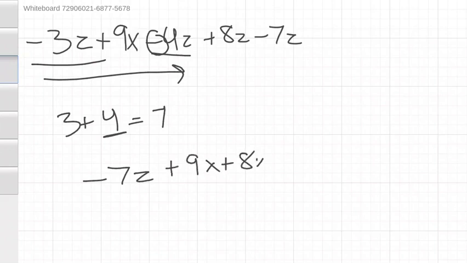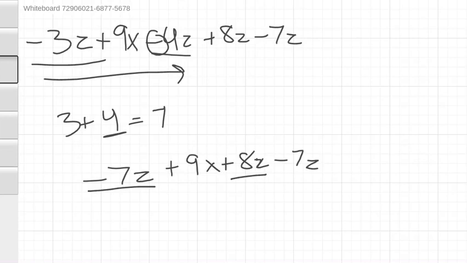Then we would just add on the 9x and the 8z and the negative 7z. We would do it again. We would do negative 7z and 8z, left to right again. So negative 7z plus 8z is just 8z minus 7z, and that is just 1z, or z.